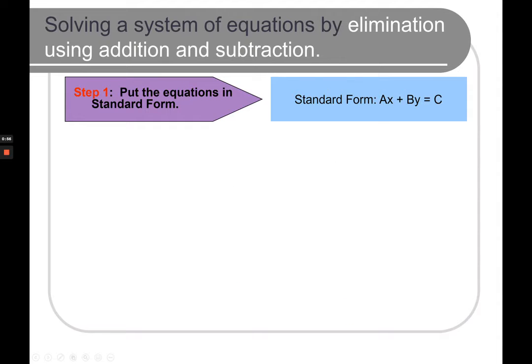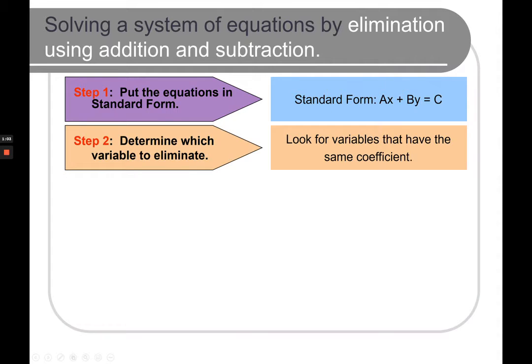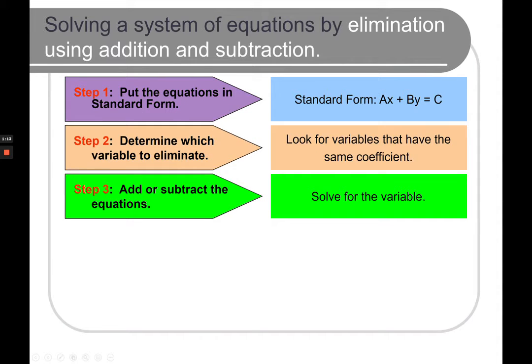These are the steps. Step 1, make sure both of your equations are in standard form. Second, look for the variables that have the same coefficient. You are going to determine which one could be easier to eliminate by adding or subtracting. Step 3, after eliminating a variable, you can find your first variable.